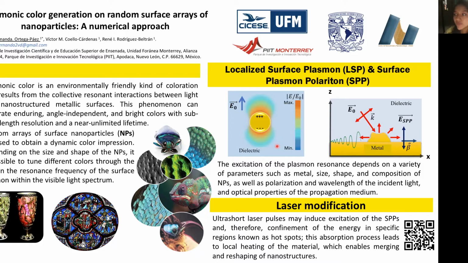The resonance of this plasmon occurs at a specific frequency that depends on the morphology of the nanostructures. The resonance behavior responds to the selective absorption of light inside the material, which will be seen as the generation of plasmonic colors in bulk. This is the case of plasmonic color and how we can observe it.